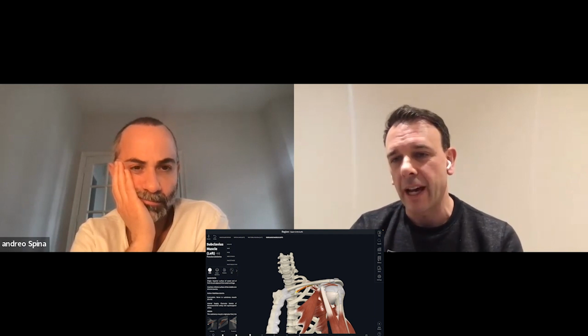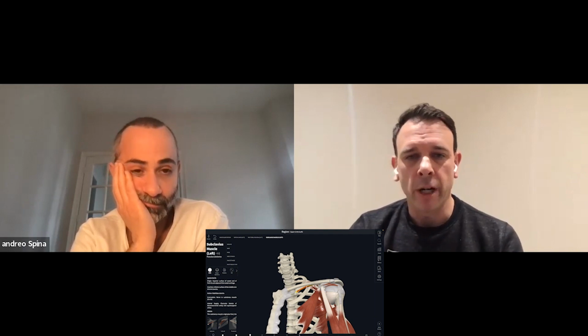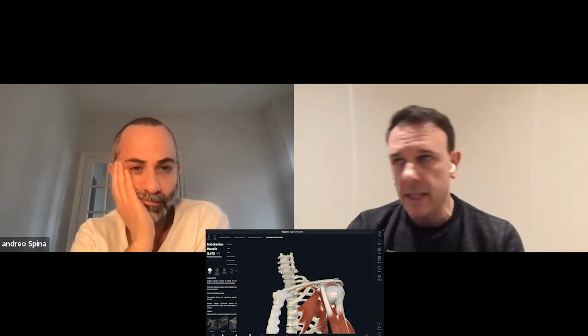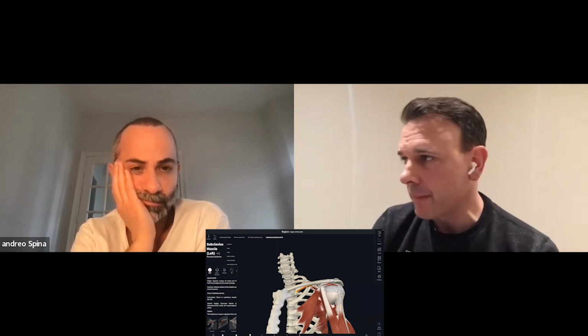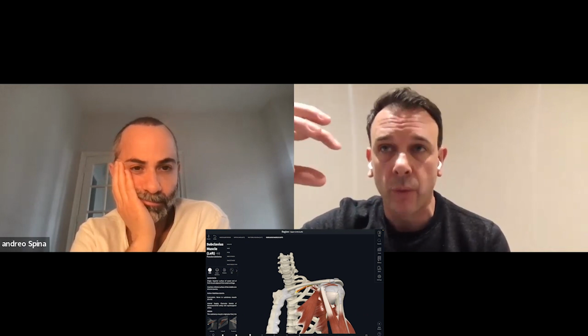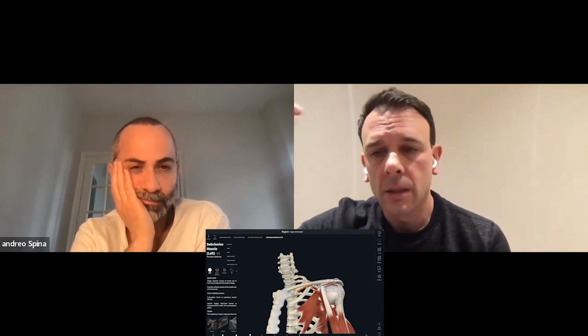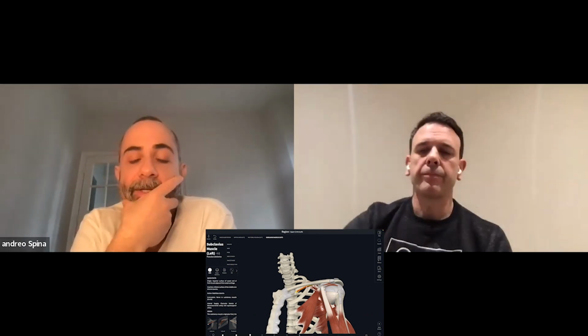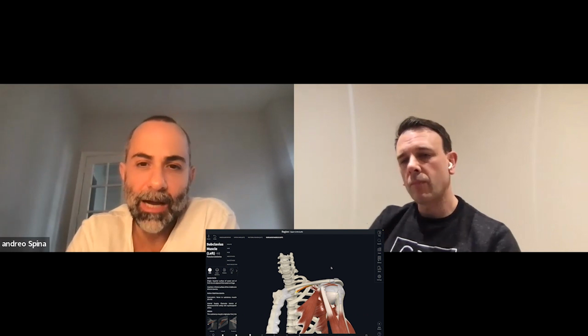The clavicle is often missed in that, right? People like to focus on Y's and T's and W's and M's and N's and O's and whatever of the scapula, but they forget the depth of anatomy that is allowing for that to occur, and part of that is the subclavius.